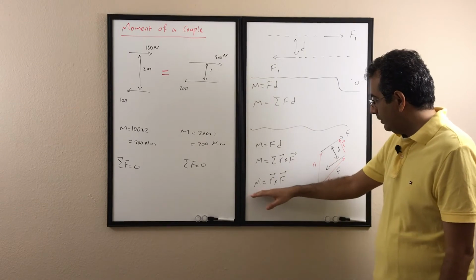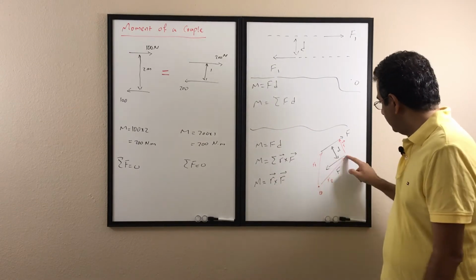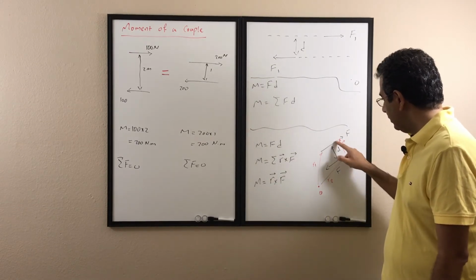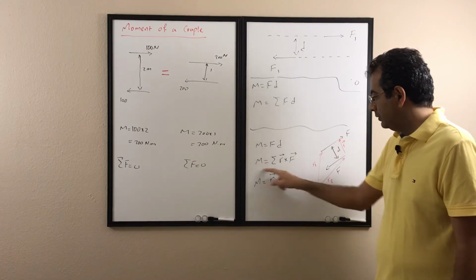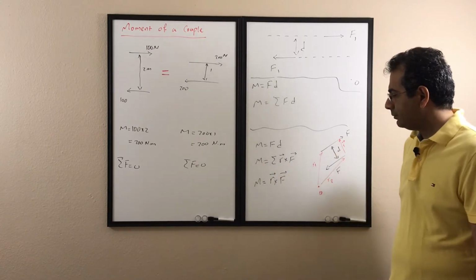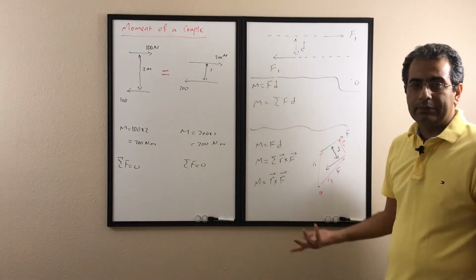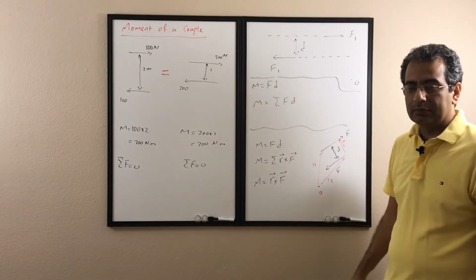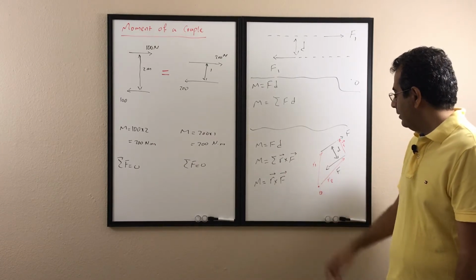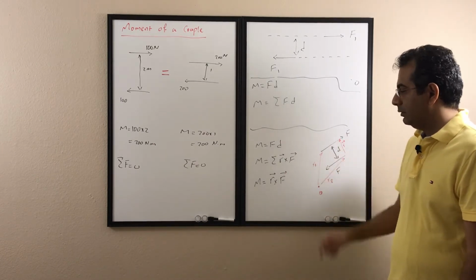Or, if we know the position vector that goes from one force to the other force, then we can use this equation to calculate the moment. So there are a couple of methods we can use in 2D or 3D to calculate the moment of couples.